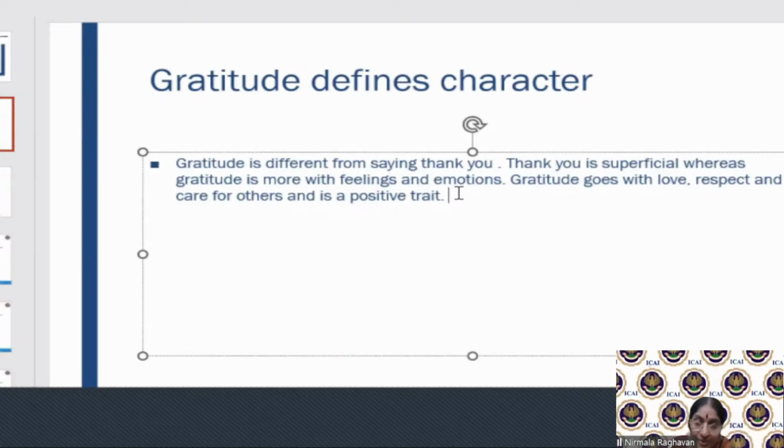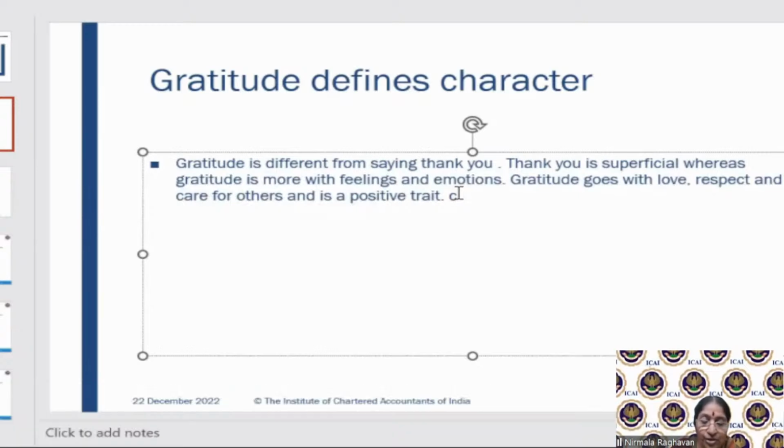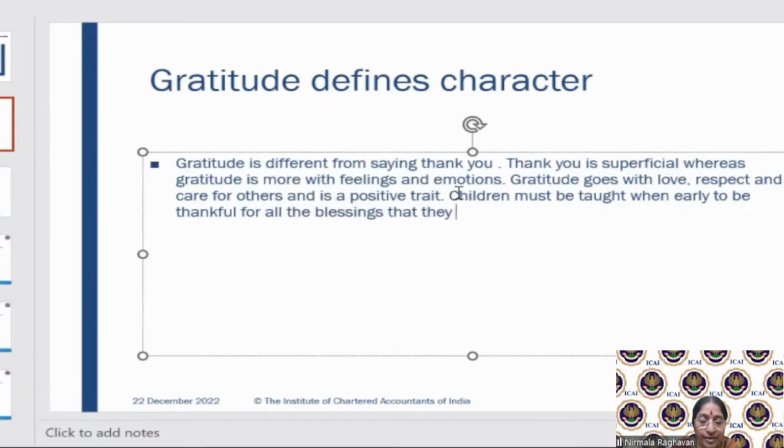Okay. Children must be taught when early to be thankful for all the blessings that they get by way of dress, food, shelter, and education.